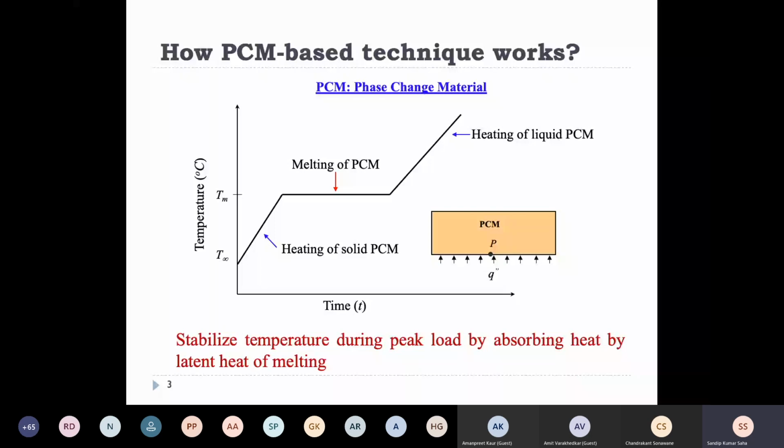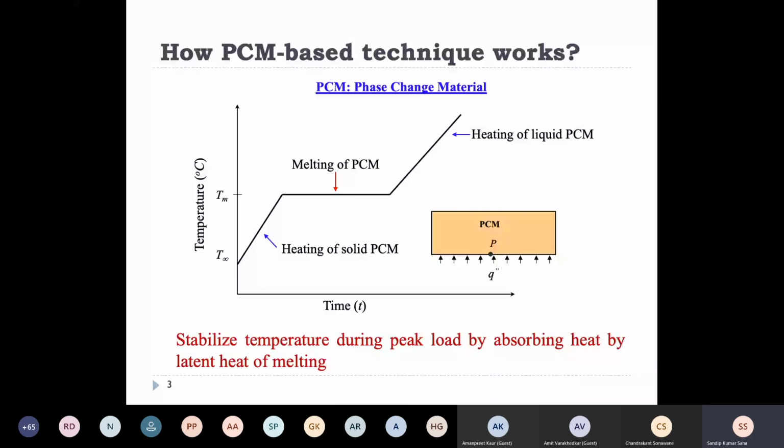So here I will not talk about any sensible heat material, because the heat content depends on m c_p delta T, which is not very useful to us, whereas we are actually concentrating on the latent heat part. This we should understand.